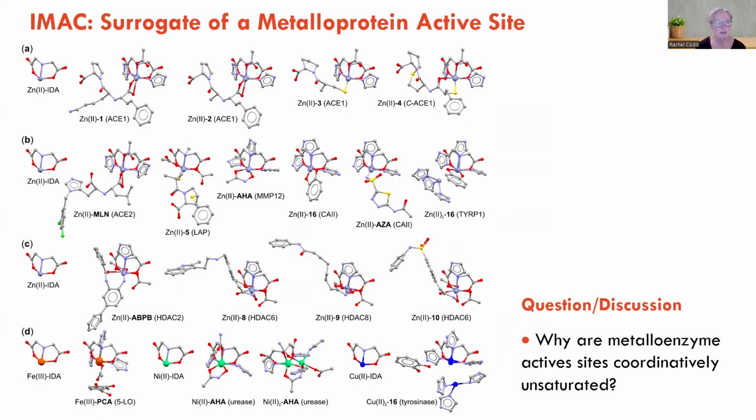What I'm trying to suggest here is that in a metalloenzyme, the metal ion at the active site is coordinatively unsaturated. And if you ask yourself, why is that so? The answer is because that metal site needs to interact with the substrate.